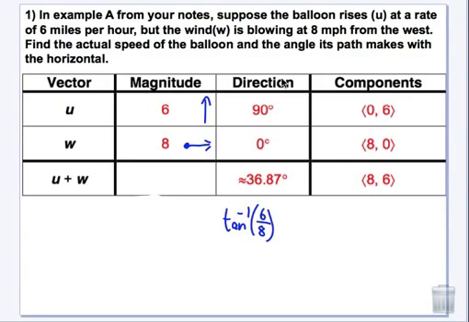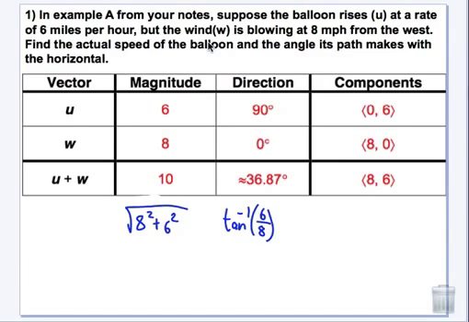Okay. Now I'm going to use my magnitude. So I'm going to have the square root of 8 squared plus 6 squared, which is 36. And when I plug that into my calculator, I'm going to get 10. Yay. Nice even whole number.